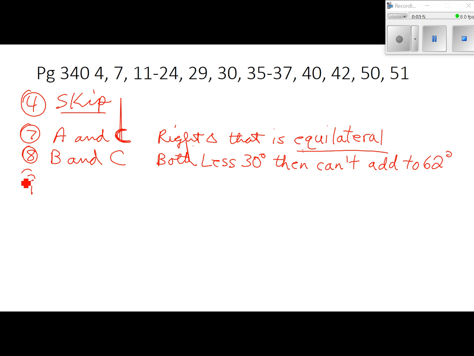Number 9. On number 9 and 10, just sketch something close. It doesn't have to be perfect. We want an acute scalene triangle. I know it says use a ruler and all that, but I don't care about that. That means we want a triangle that has three acute angles and all the sides are different lengths.